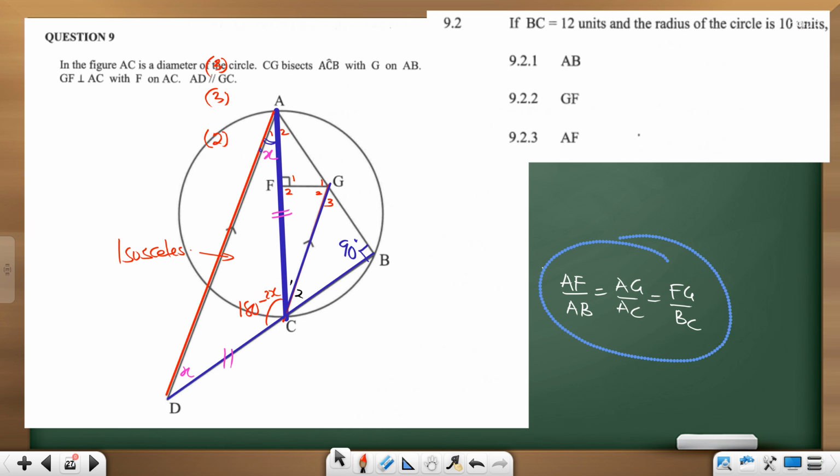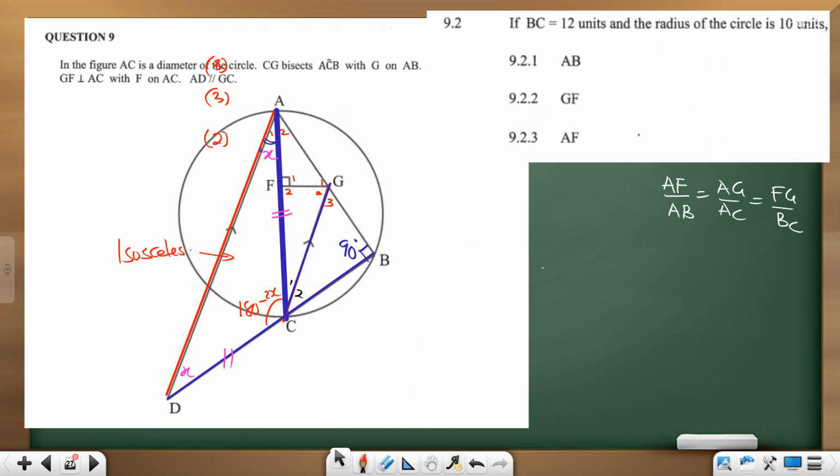Meanwhile, don't forget that ratio that we have, right? Check the first question. If BC is now 12 units, let's go to our question and write the 12 units. You see there's so many things you are writing, so write neatly on your diagram. And the radius of the circle is 10. Okay?